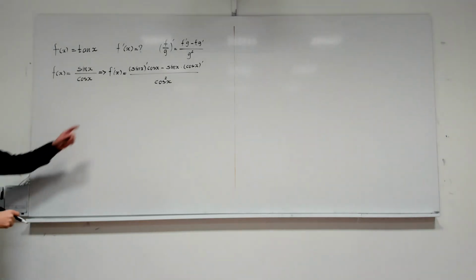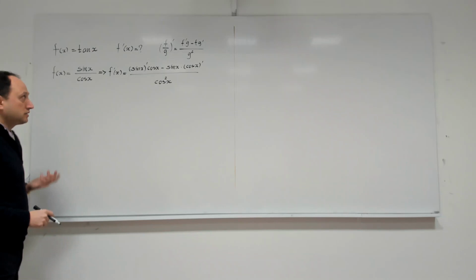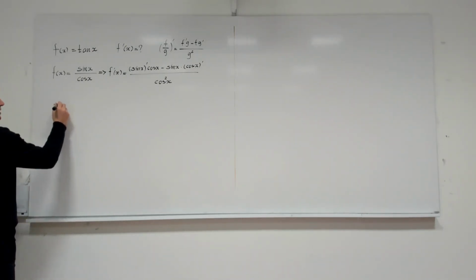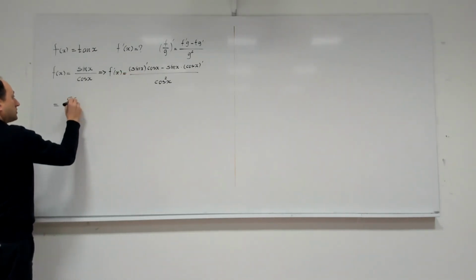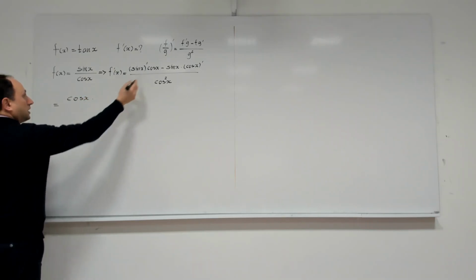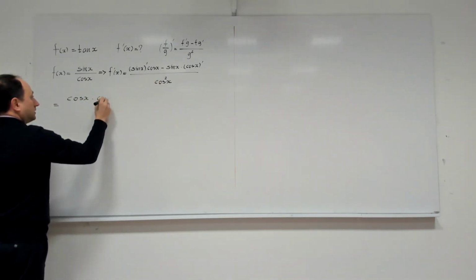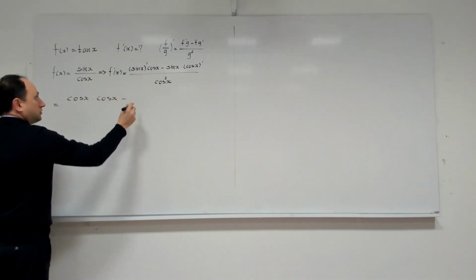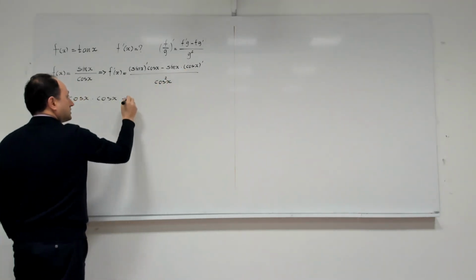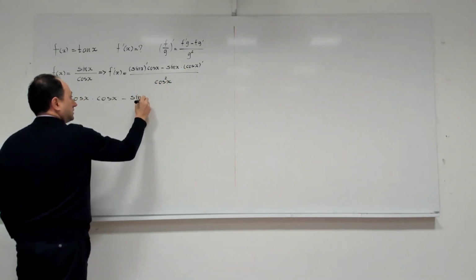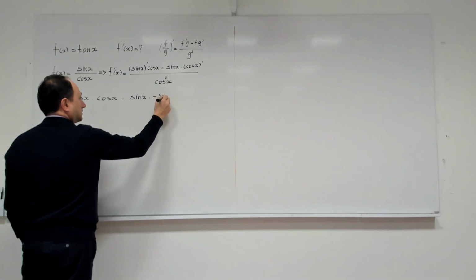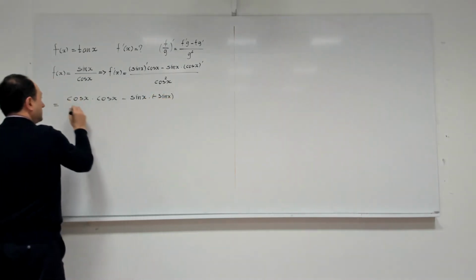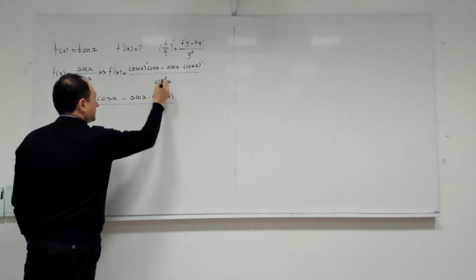Okay, but if you remember, what was the derivative of sine x? It was just cosine x. So the derivative of sine is cosine, multiplied by an extra cosine here. The derivative of cosine is negative sine. Then divided by cosine squared.